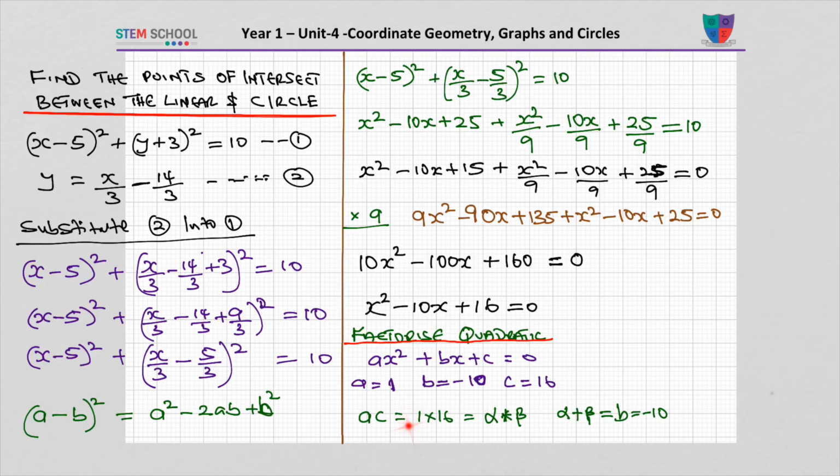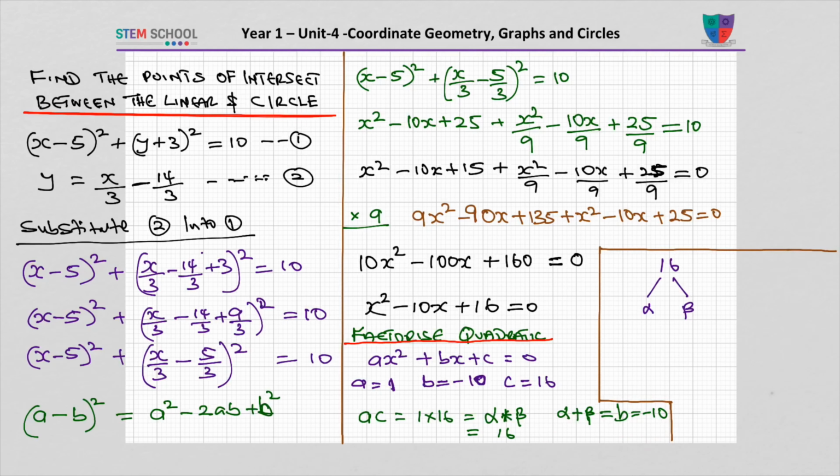AC is 1 times 16, which we can call alpha and beta. Then alpha plus beta will be b. If I add them together, I'll get b, and b is minus 10. So I need two numbers I can multiply together to get 16, and when I add them together, I'll get minus 10.